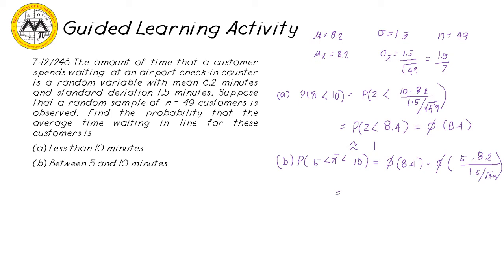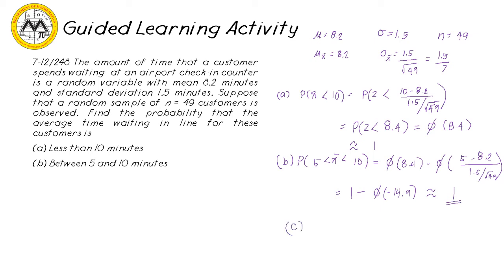So that would be phi of 8.4, which is 1, minus 5 minus 8.2 divided by 1.5 divided by 7. So this is negative 14.9. Phi of negative 14.9 is approximately still equal to 1.